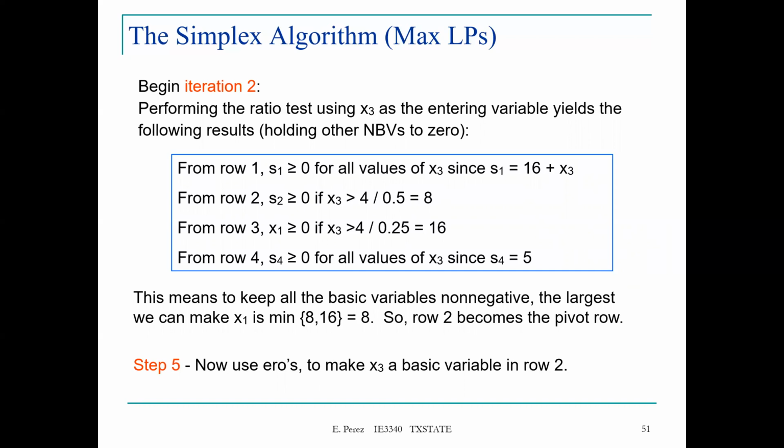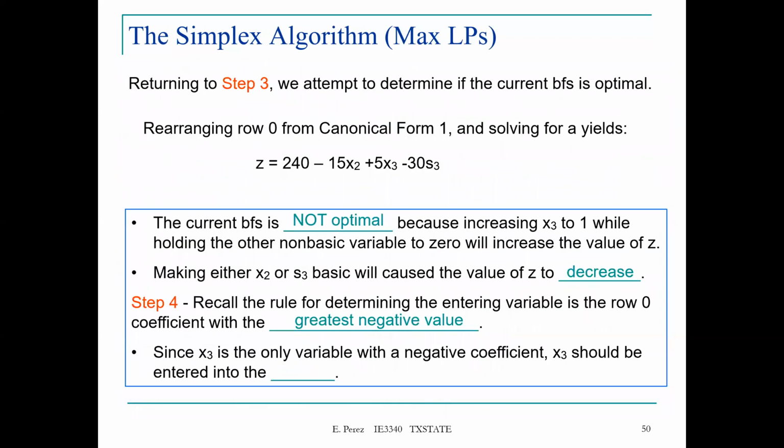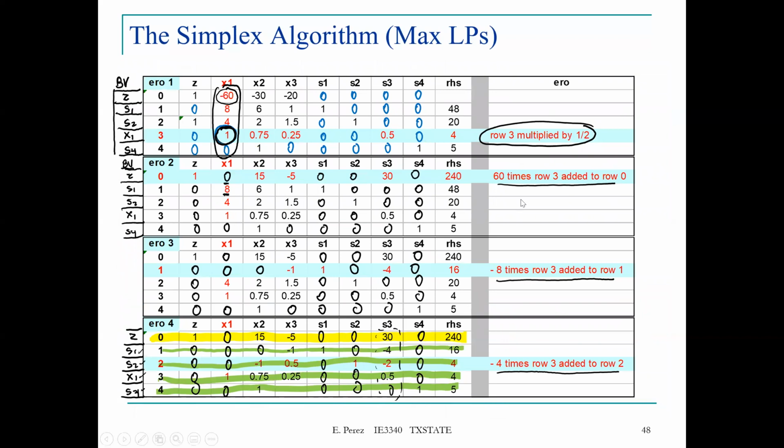Step 5, now we use elementary row operations to make x3 a basic variable in row 2. So we go back to this iteration, right? So let me go back here. We stop here. Remember, this is our last tableau.